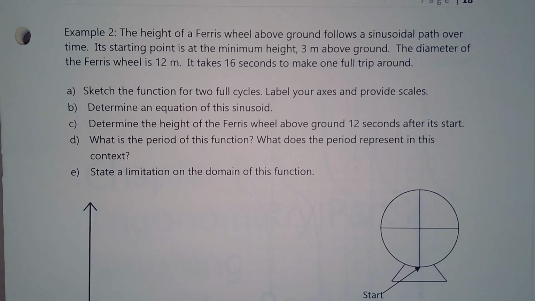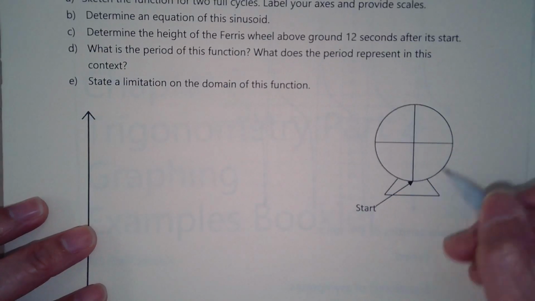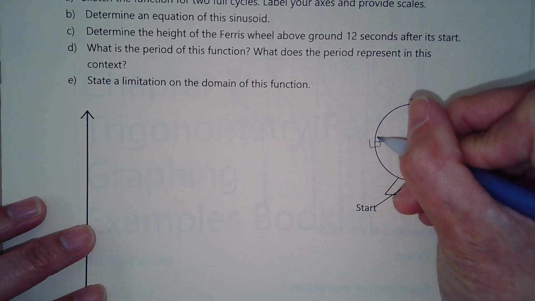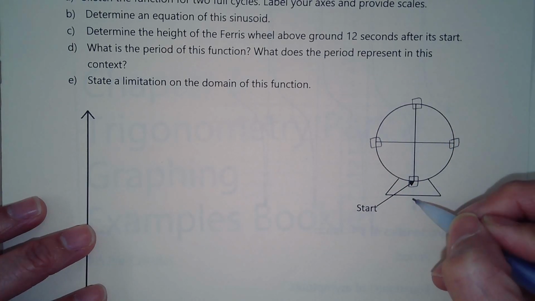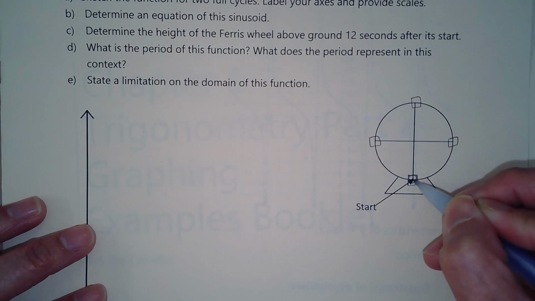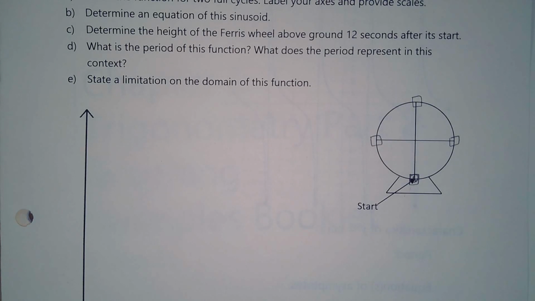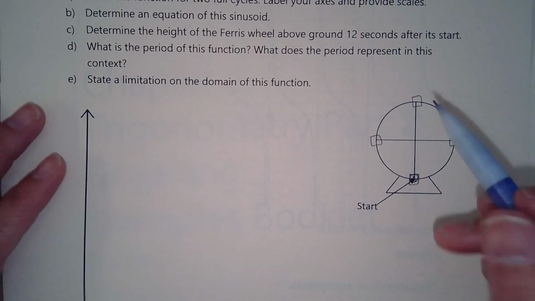Well, you have to get on. If this is a Ferris wheel, I'm going to put the Ferris wheel right there. Do you remember stepping on, and then this is where you ride? The Ferris wheel doesn't really touch the ground, so it's a little bit higher off the ground, right?